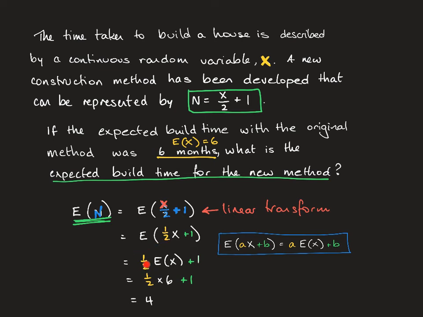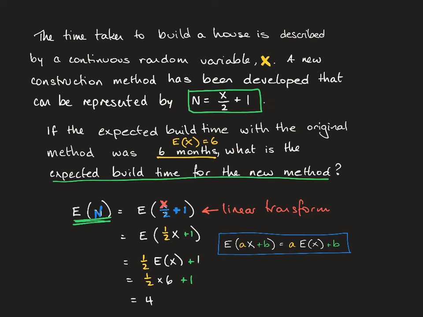So it takes that half and brings it out the front of E of x. And then we just add the b on the end, so just plus 1 on the end. And what we end up with is exactly the formula that we used before when we did it logically.